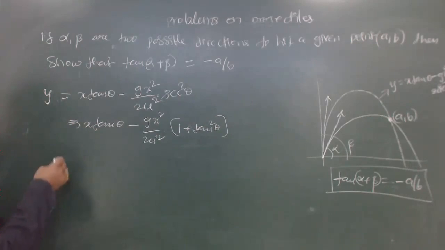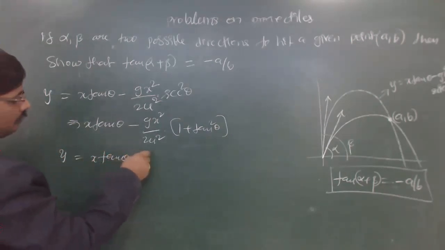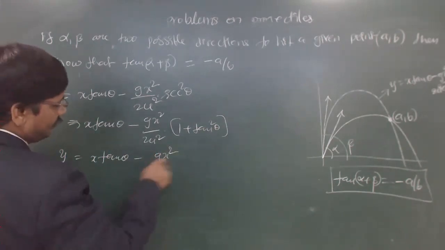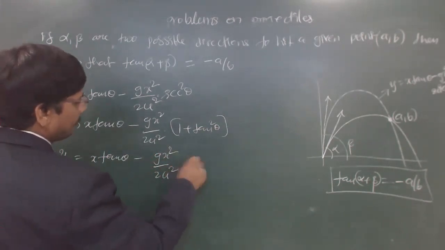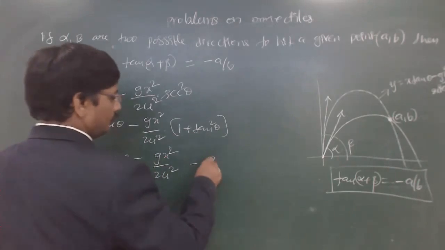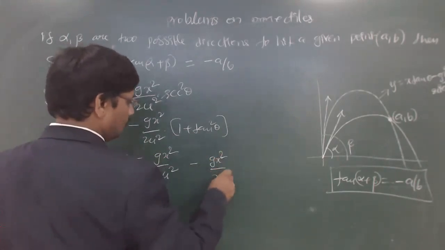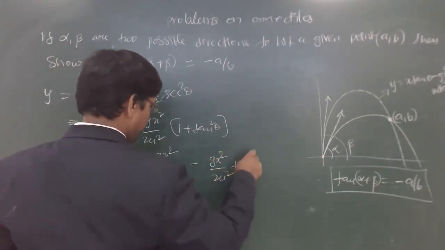Right? So here y is equal to x tan theta minus g x square by 2 u square minus g x square by 2 u square tan square theta.